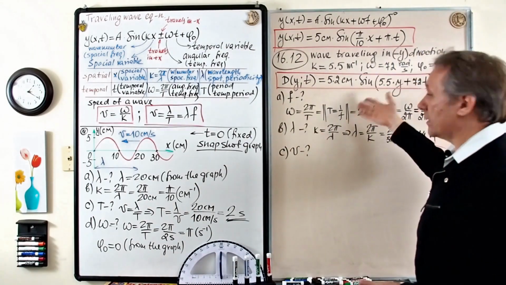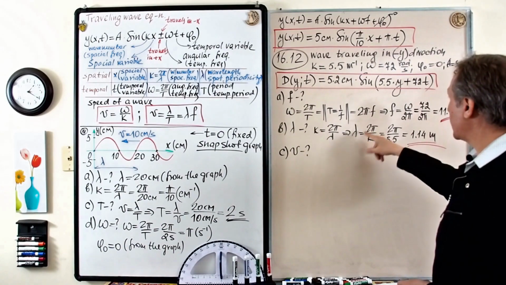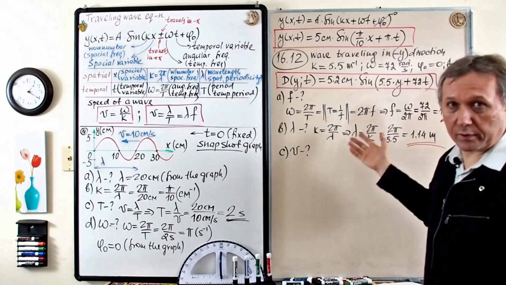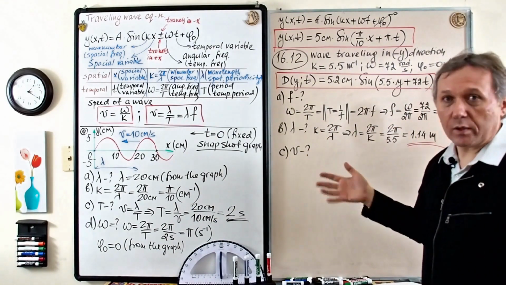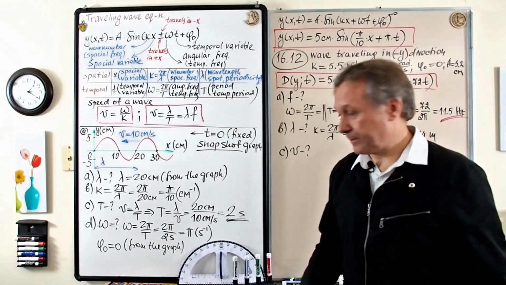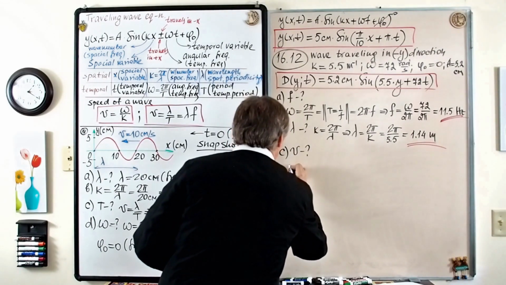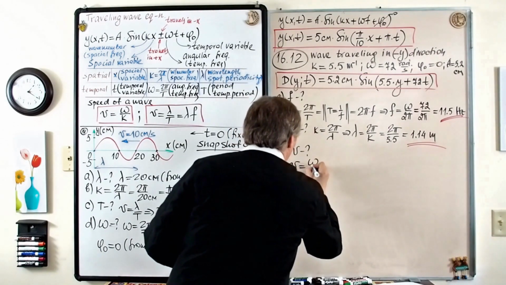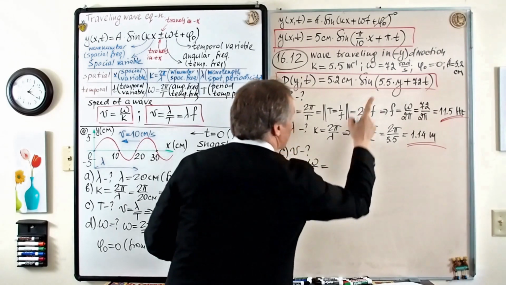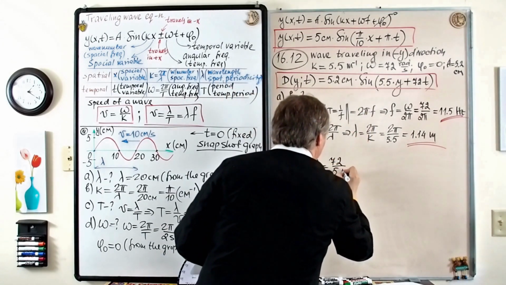Divide omega by K and you will get the speed, or multiply lambda and f, which we already found. Either formula is equally easy. So V equals omega over K, which is 72 divided by 5.5.